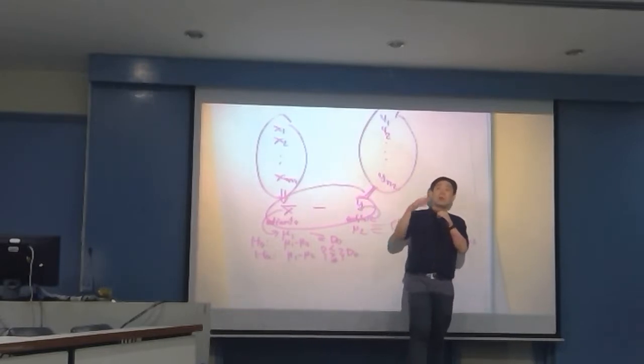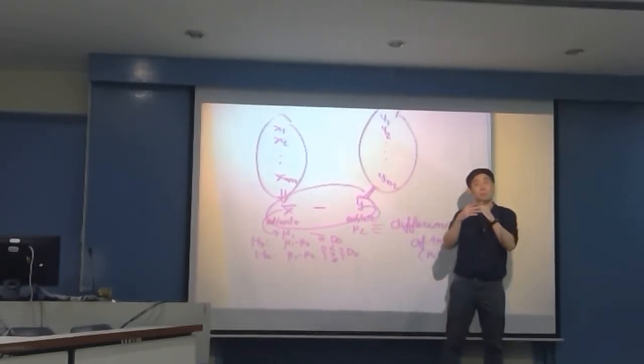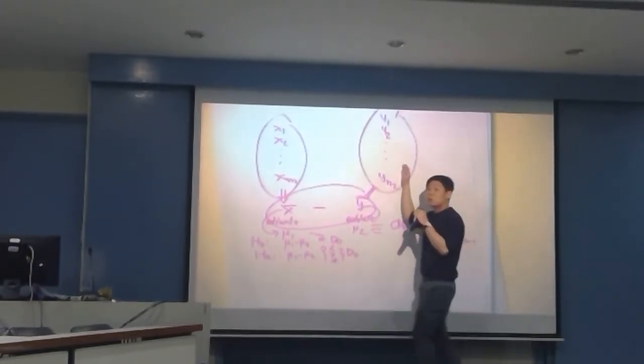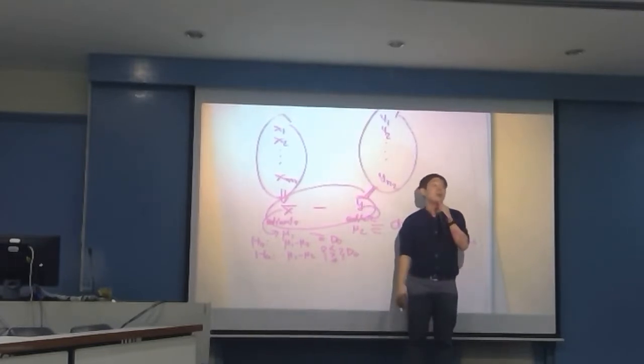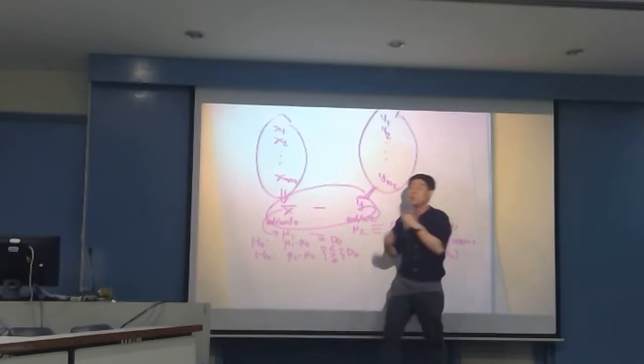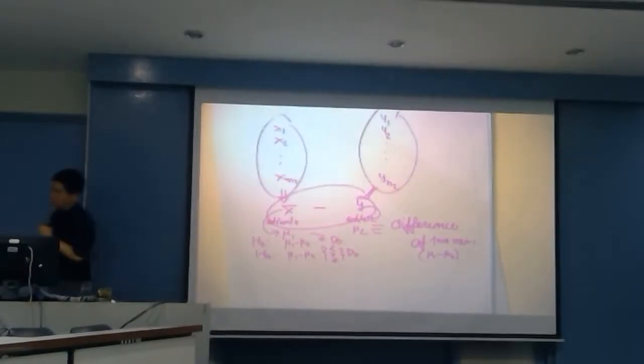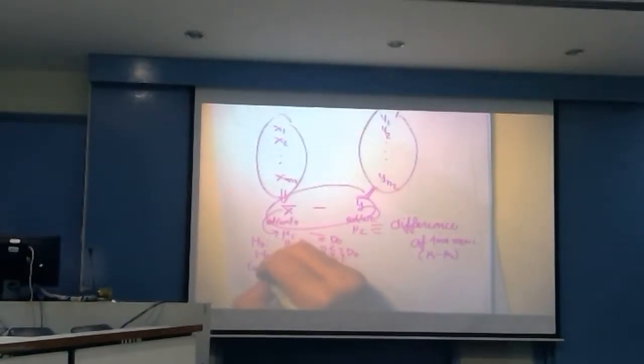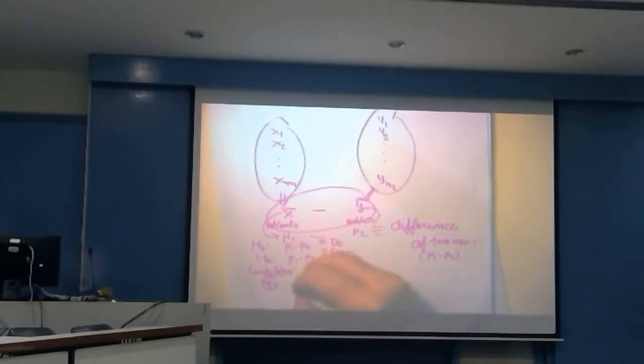So the conditions remain the same, but now you have two samples. You apply the conditions on both samples, so there are two conditions. The first one would be two independent random samples.